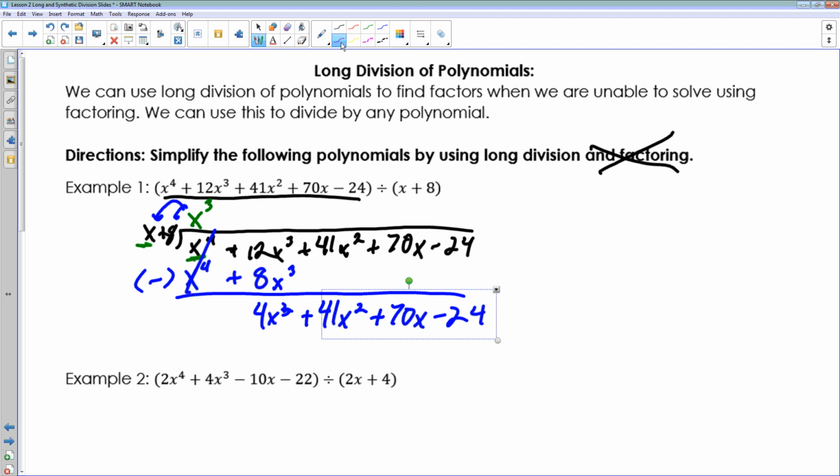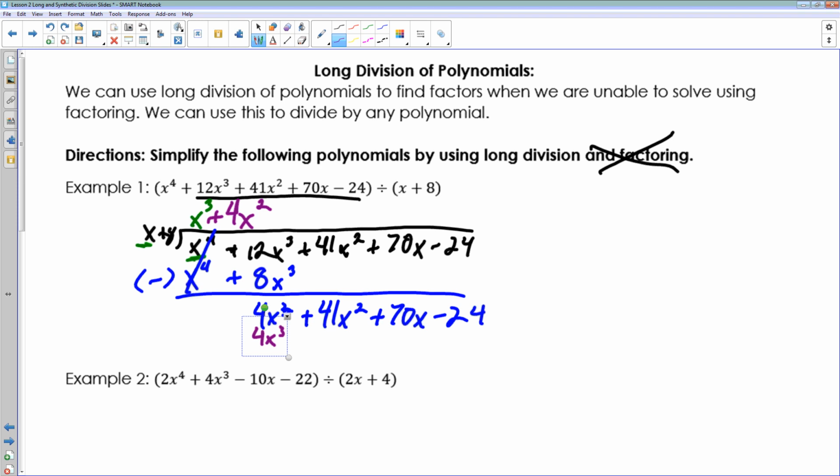Okay, so now let's do it all over again. So again, we're looking at our first term, which is 4x cubed, and we're dividing it by x. I really think about what I need to multiply x by in order to get to 4x cubed. Well, I need to multiply it by 4x squared, right? Because 4x squared times x gets me 4x cubed.